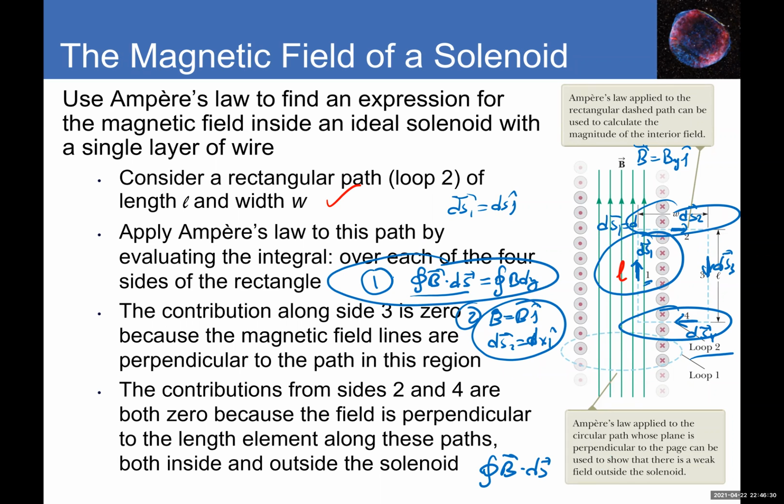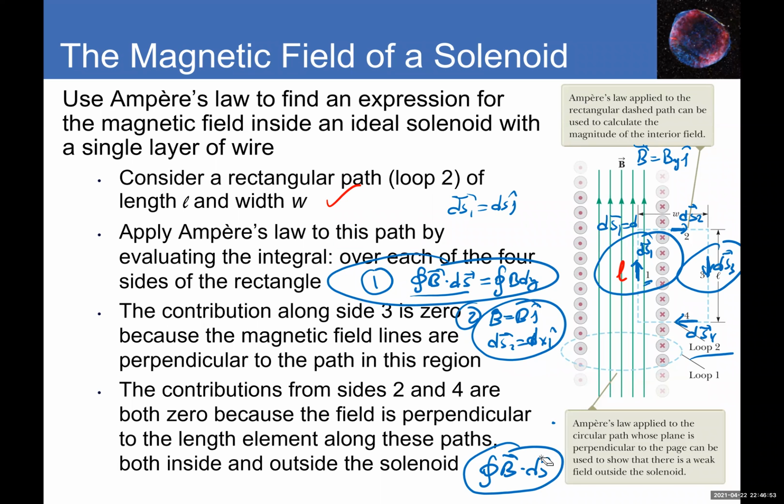Non-zero for segment 1. Well, let's see for segment 3. Will that also be 0? It will be 0, but not because of the ds, but because there is no magnetic field in that region. So when we apply this equation, we can say that there is no magnetic field in that region, so that integral equals 0.